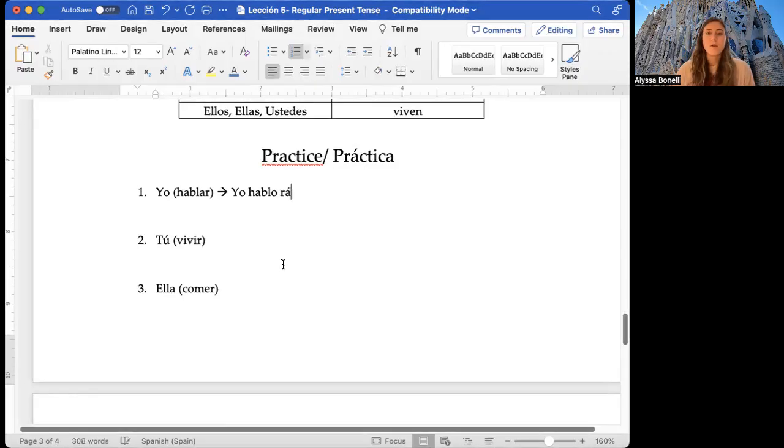So maybe I say, yo hablo rápidamente, because I'm practicing a big, long word, and I wanted to try one that has an accent. So I'm saying rápidamente, right? And this, for my own purposes, I could write the translation so I don't forget later. I speak quickly or I talk fast is a little more colloquial in English.